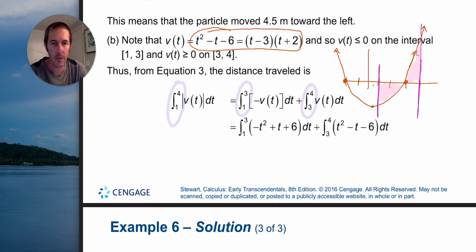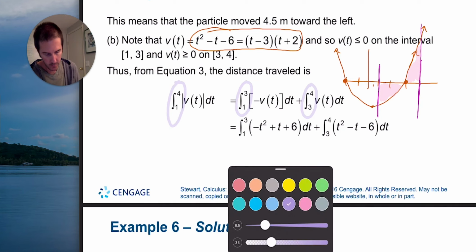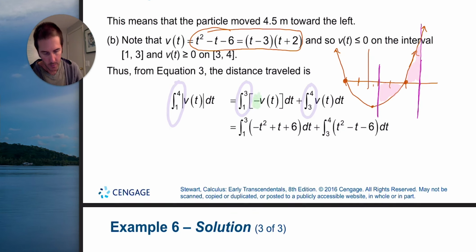Okay, so let's see, we're integrating from 1 to 3 for the opposite of the original function. So notice that this is indeed the opposite, or the negation, of our original velocity equation.